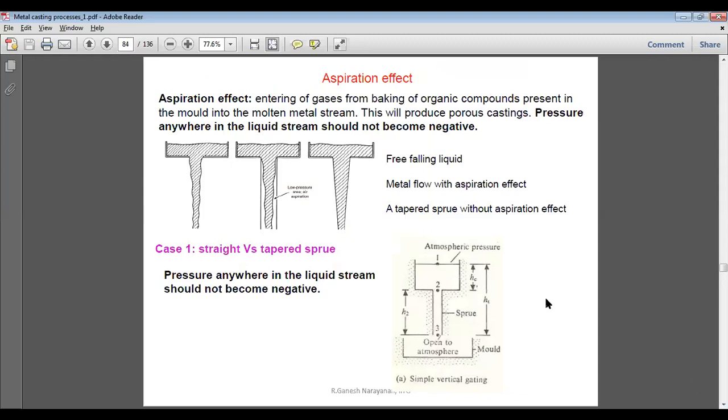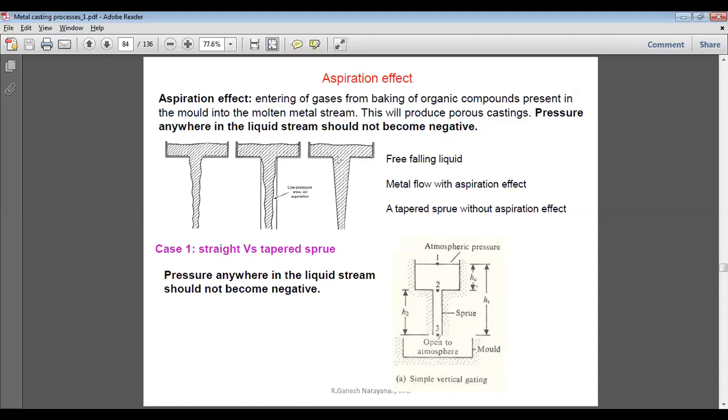The aspiration effect is when the molten metal enters the cavity, and gases from the organic compounds present in the mold are drawn in as the molten metal flows. This will produce porous casting. Pressure anywhere in the stream should not become negative.